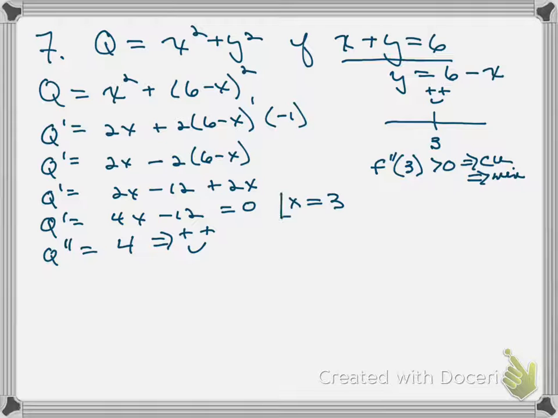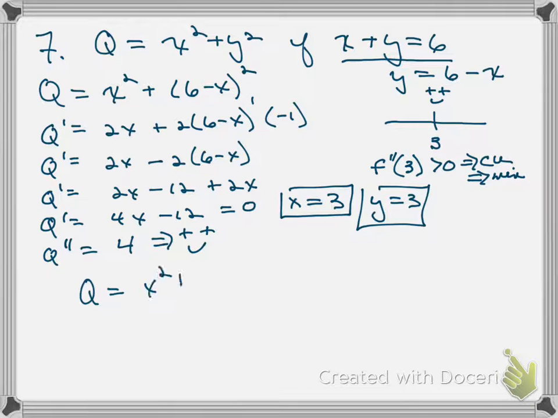If x is 3, then since x plus y equals 6, y has to be 3 also. And since I know q equals x squared plus y squared, and they're asking for the minimum q, that's going to be 3 squared plus another 3 squared, which is 9 plus 9, which is 18.